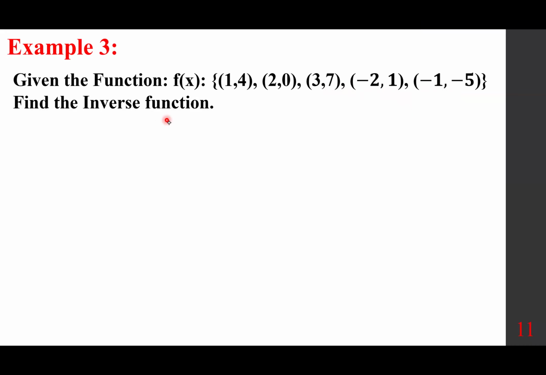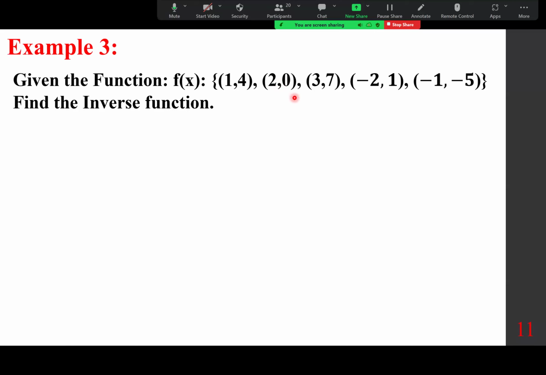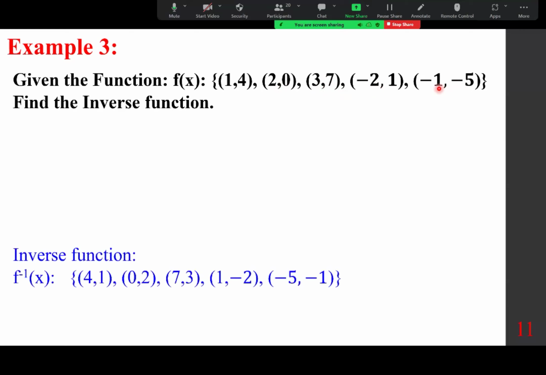Well, all you have to do is interchange x and y, everybody. That's all you have to do. Therefore, (1, 4) becomes (4, 1), (0, 2), (7, 3), (1, -2), (-5, -1).